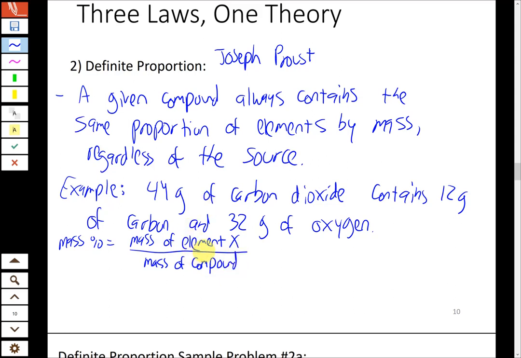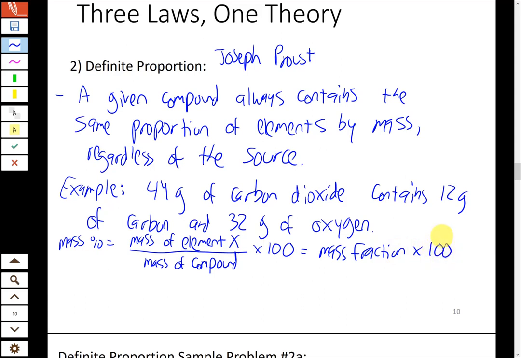Now this ratio is called the mass ratio, but anytime you want a percentage, you have to multiply by 100. So make sure we keep that straight: that ratio is more like the mass fraction, and we multiply by 100 to give it as a percentage.